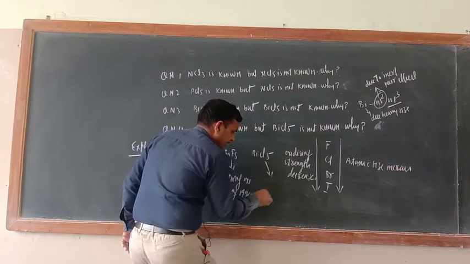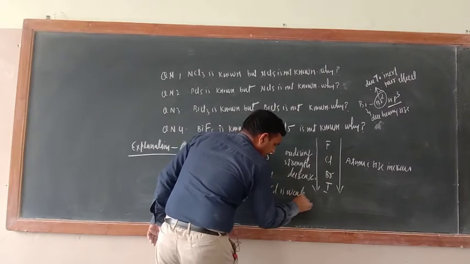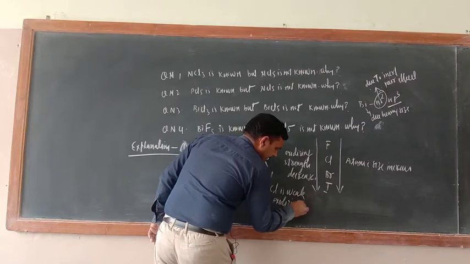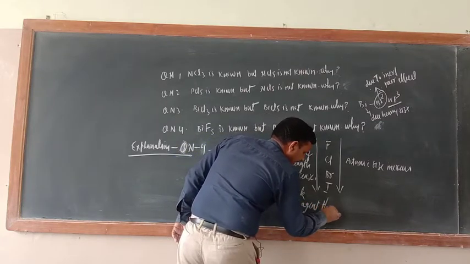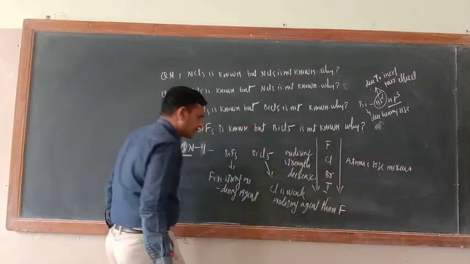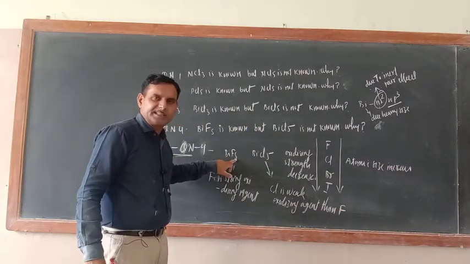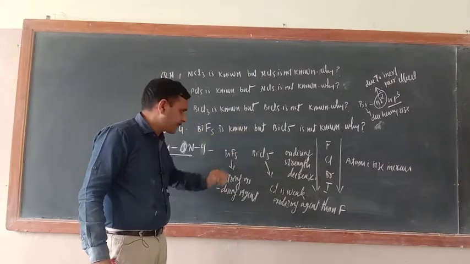Here Cl is a weak oxidizing agent than F. Okay, so just see, since fluorine is a strong oxidizing agent, it will oxidize bismuth to the +5 oxidation state.